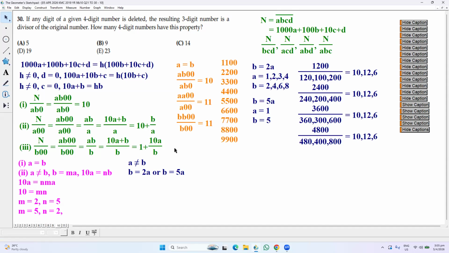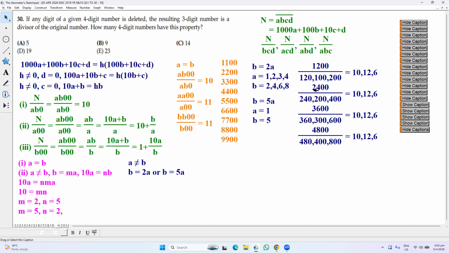You can see from here, if B is 2A, then 10 plus 2, 12. If B is 2A, then 10 over 2 is 5. 5 plus 1 is 6. You will get 6. This one is just for show, so that we have a picture of the answer.